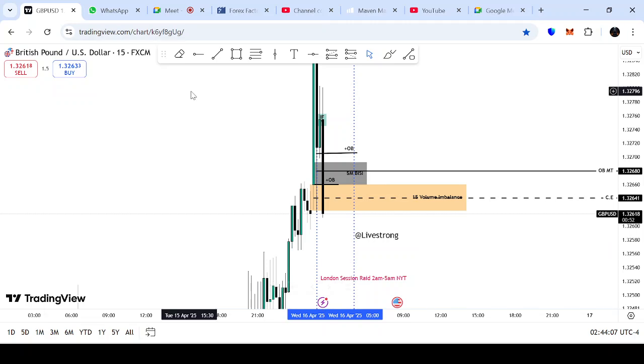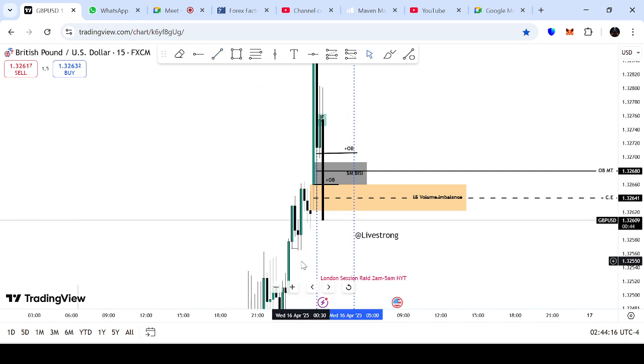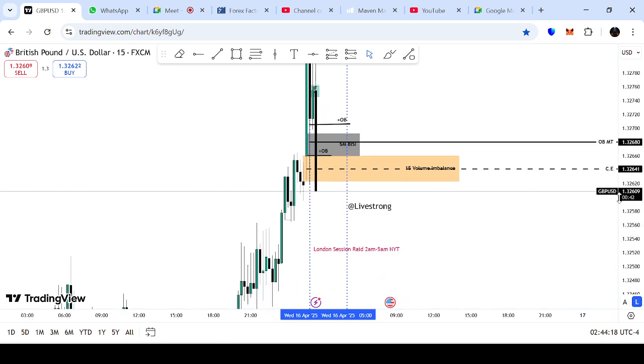Partial entry here, institutional order flow trade there.